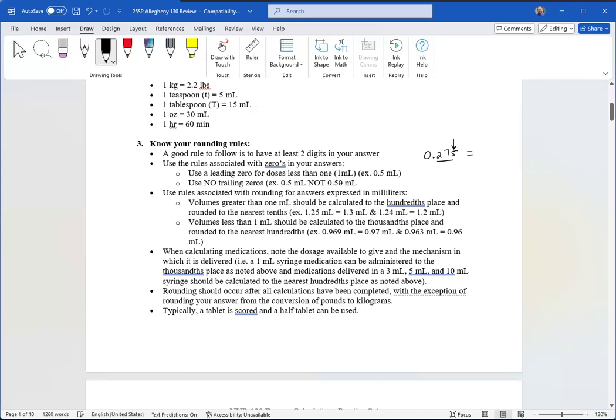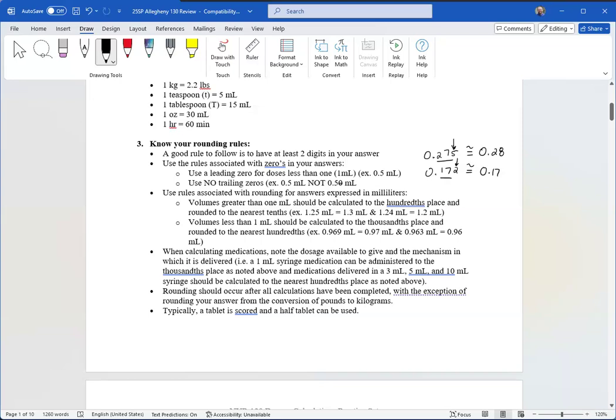So we would round that to 0.28. If that number were 0.172, then we would look again at that. We want to keep those two numbers. We're going to look here, and if it's 4 or fewer, then we're just going to drop it and leave the number as that. Okay, so 0.17. So that's your rounding rules.